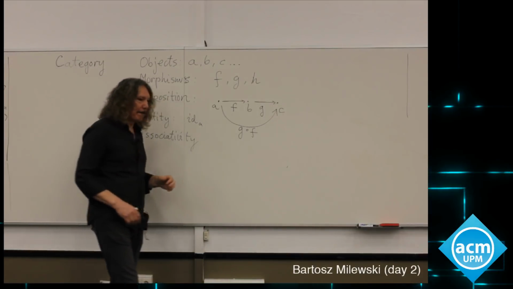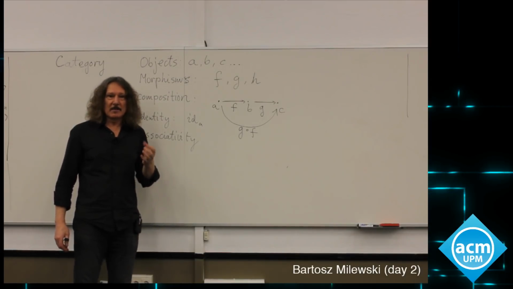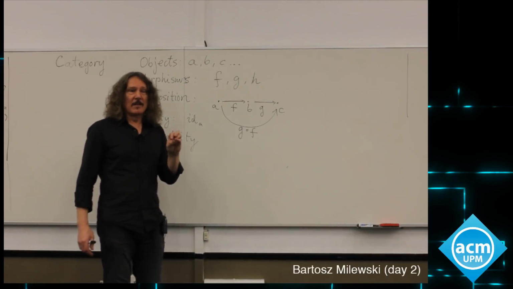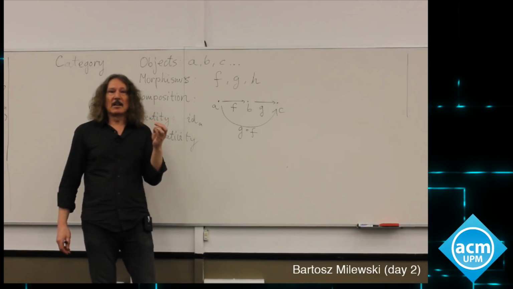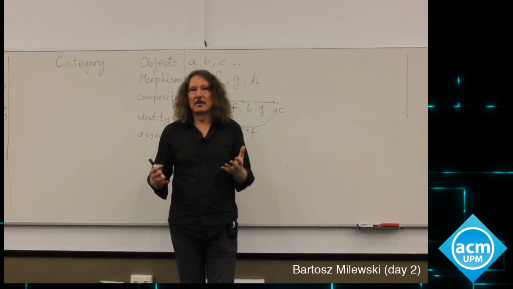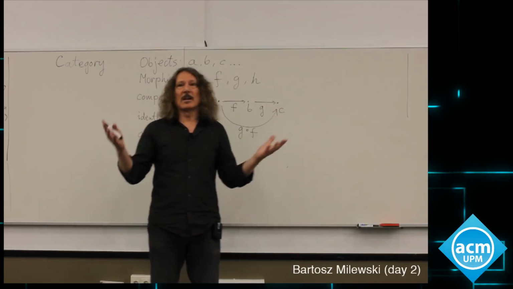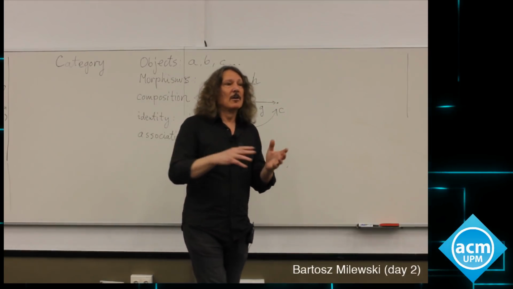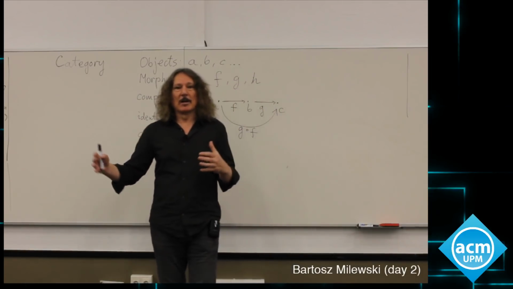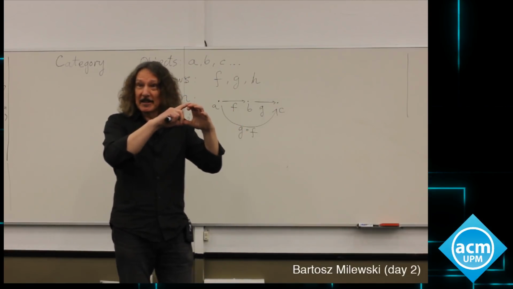So a category really, because we are no longer looking inside objects, abstracts this idea of structure. When we say that something has structure, what does it mean? Right? Usually when you say, okay, this is the structure of this organization, let's say, or this is the structure of this operating system, this is the structure of this program, what you really mean is it has components, right?